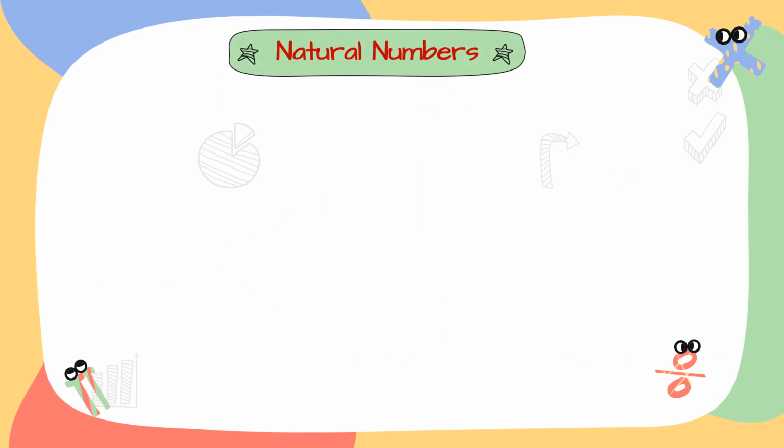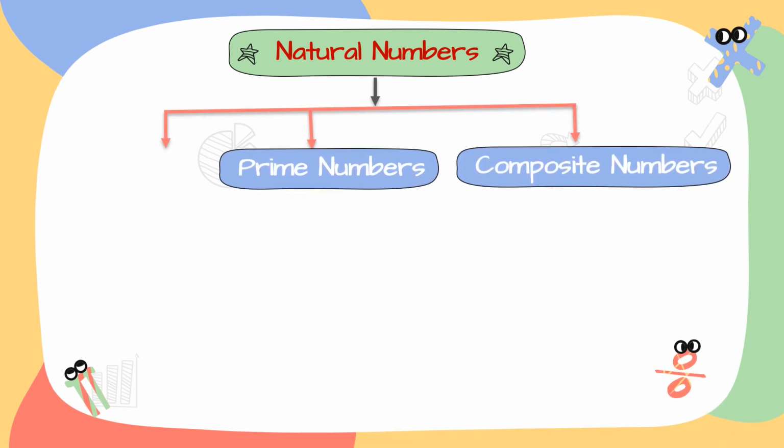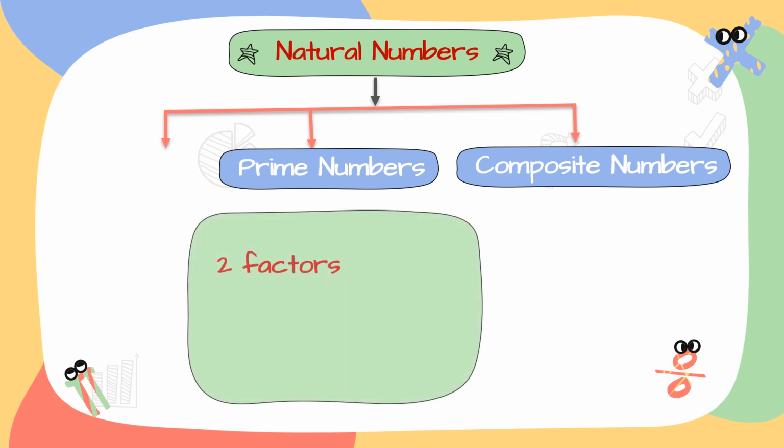Natural numbers are classified into three parts. They are prime numbers, composite numbers. First, let's learn about these numbers. Prime numbers are the numbers that have only two factors. They are 1 and itself. For example, the first five prime numbers are 2, 3, 5, 7, 11 and many more.